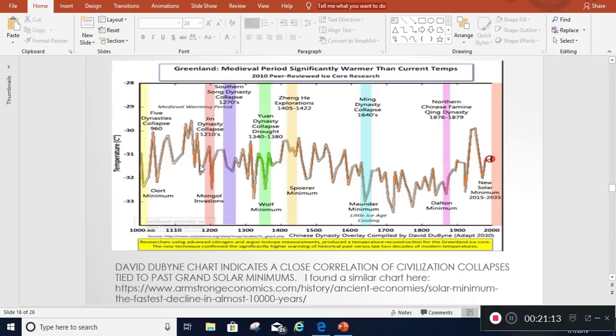And you can see when we went through these grand solar minimums, each one of these, they had significant problems. It's probably not 100% correlation, but it's pretty doggone good.